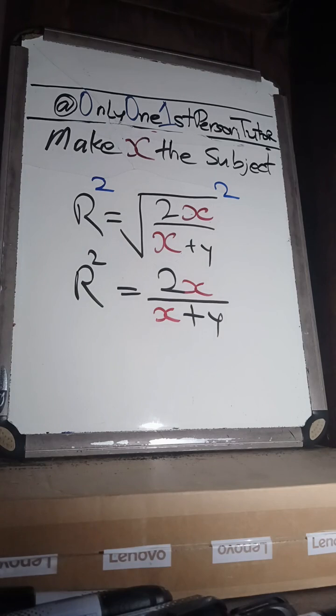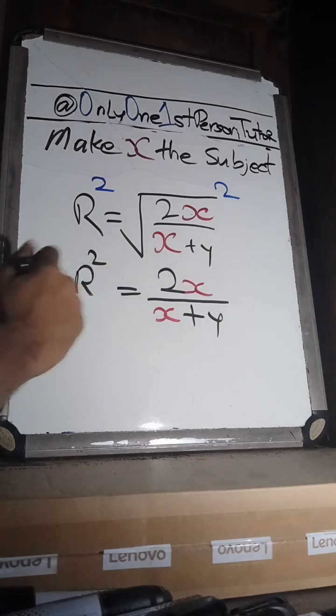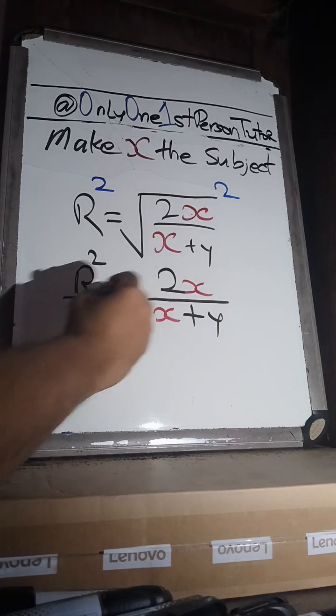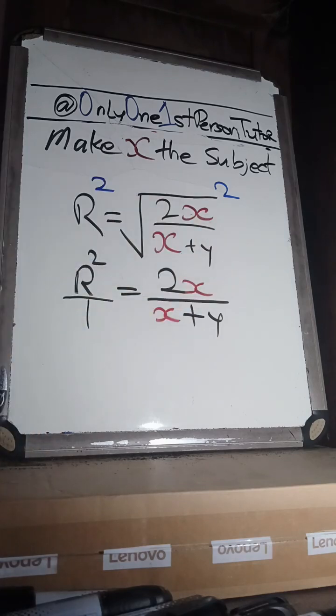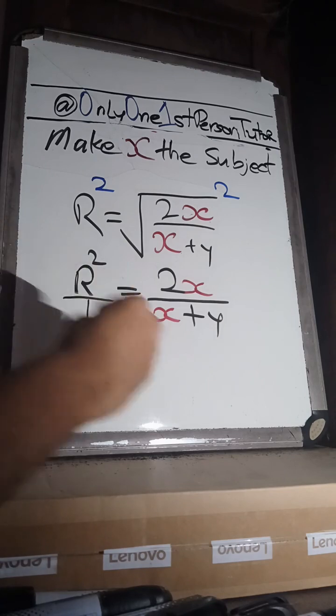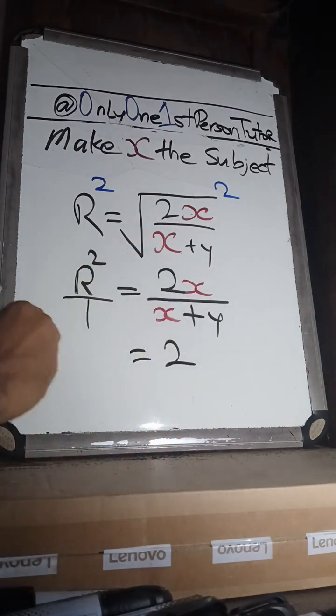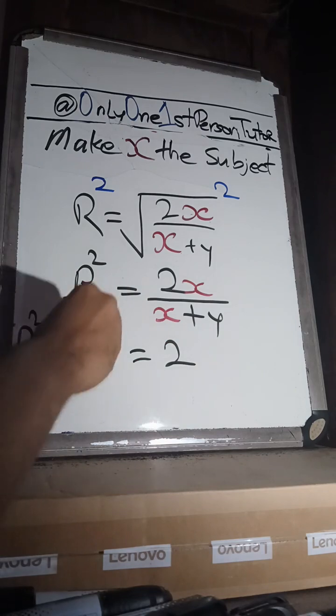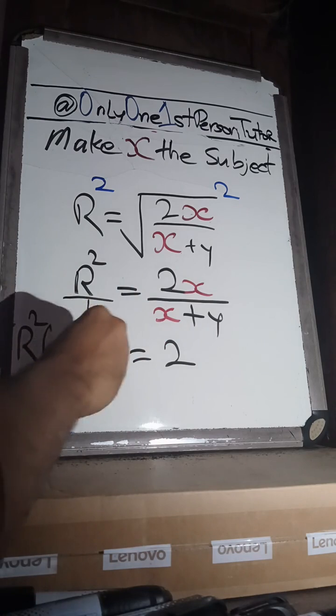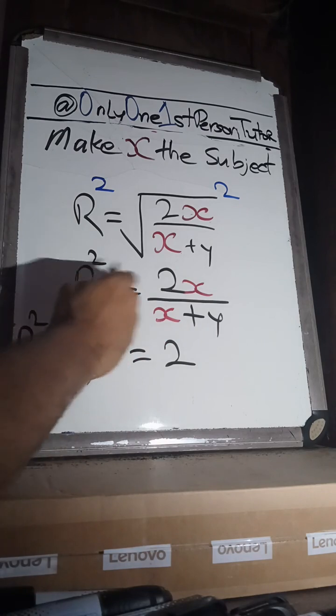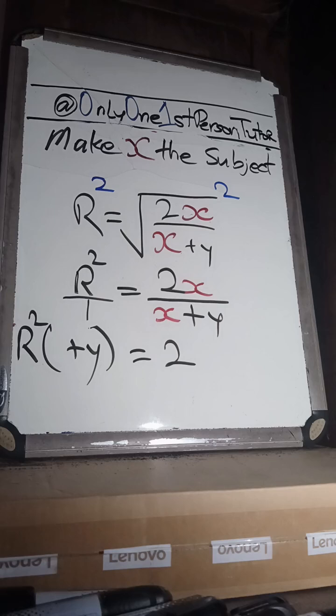Now we want to put the x's together. So we're going to have to what? We have to cross multiply now. So 1 times 2x is just 2x on this side. And then this is r squared times the x plus y.